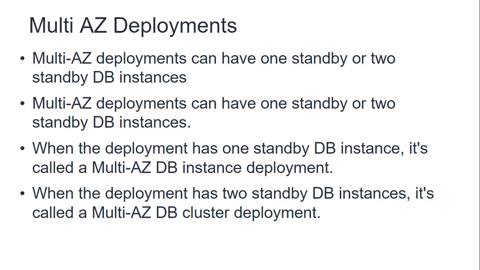What a standby is: whilst the primary is active, you can't read from the standby, right? It's only when the primary fails that your database points to the standby. Whilst your primary is running, it's replicating your data to the secondary, so the standby is always up to date.